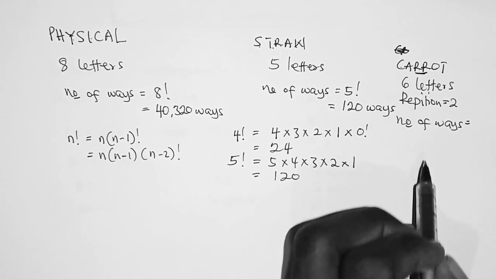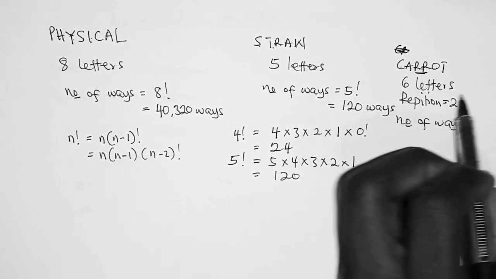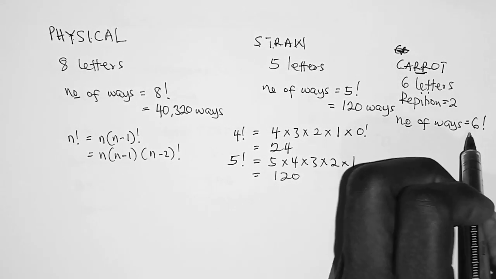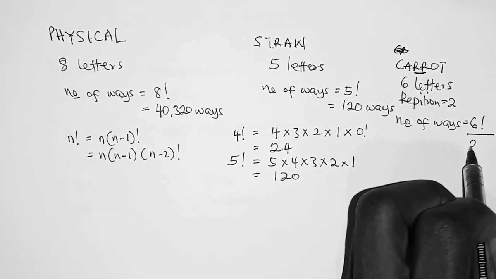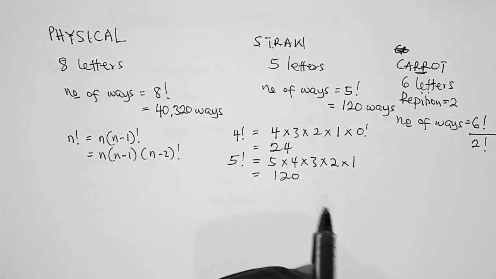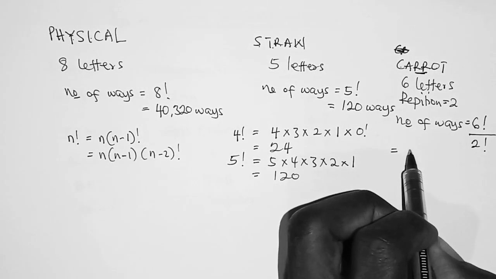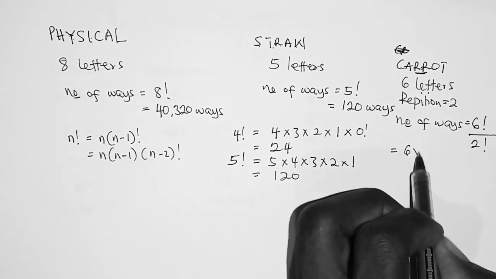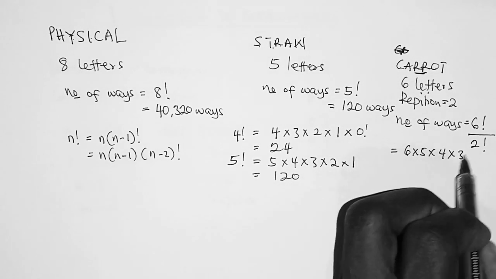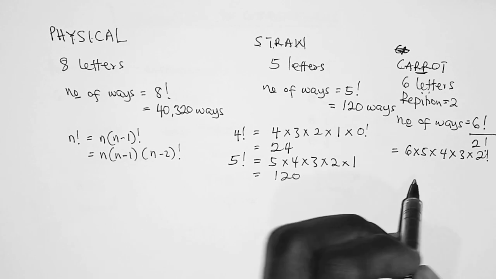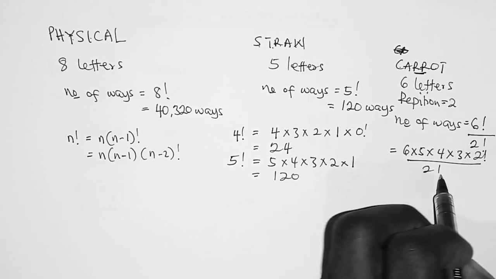Therefore, the number of ways of arranging carrot is equal to 6 letters, which is 6 factorial. Then we divide by the number of repetitions. So 2 repetitions, which is 2 factorial. And this is equal to 6 factorial, which is 6 times 5 times 4 times 3 times 2 factorial, divided by 2 factorial.